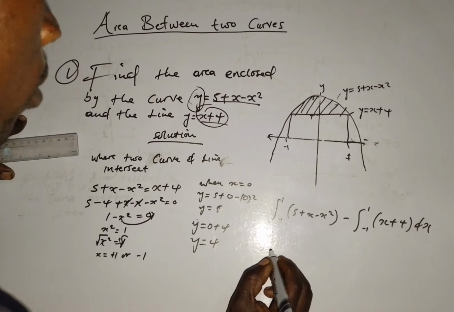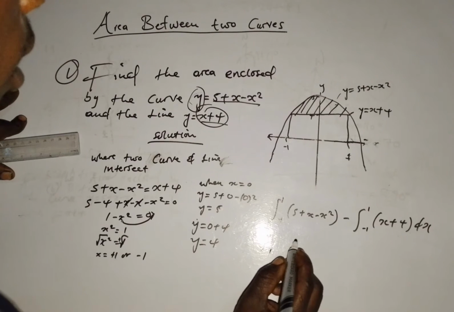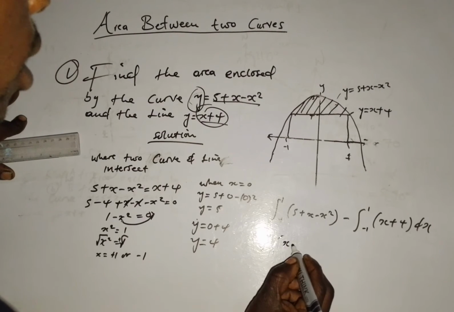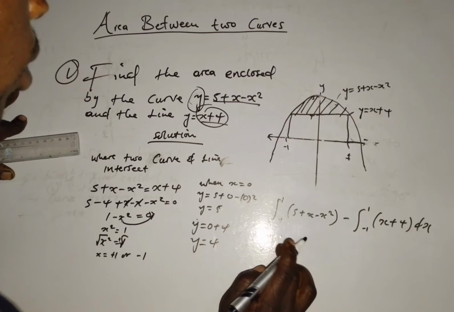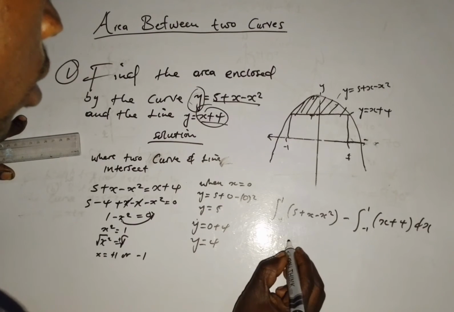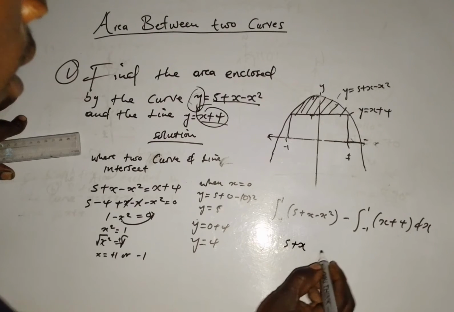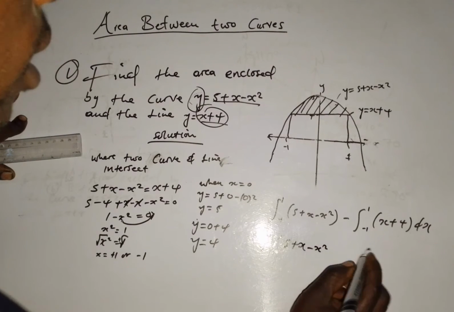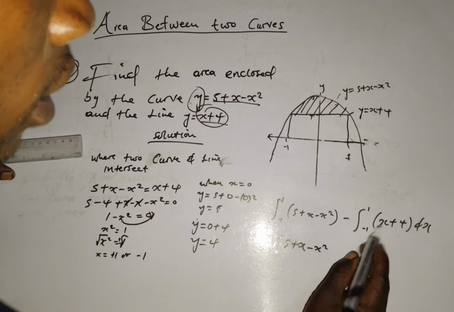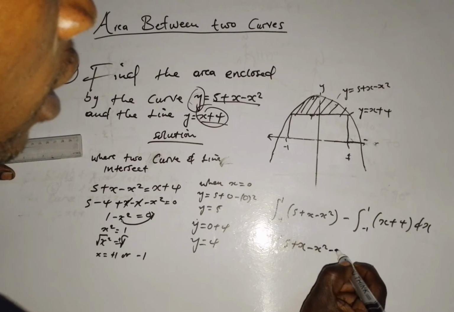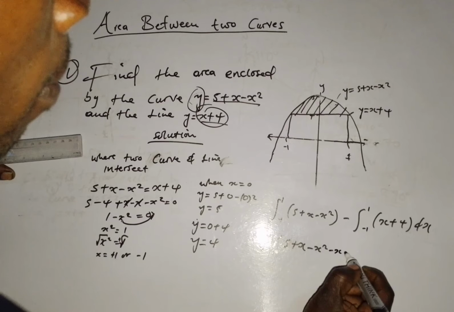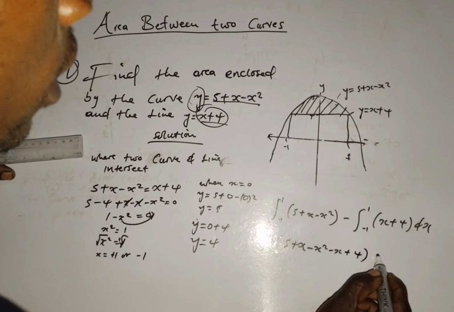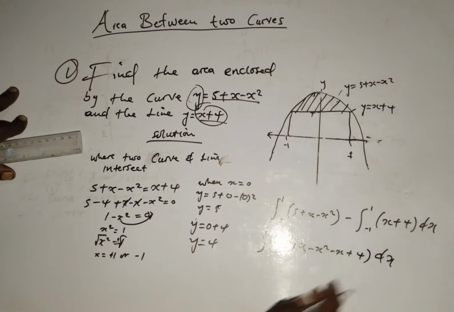It is going to be like this: the integral from the lower limit -1 to the upper limit 1, then open bracket, x plus here it will be 5 plus x minus x squared, then minus open bracket x plus 4, then close bracket, dx.